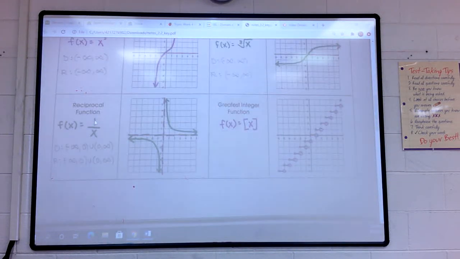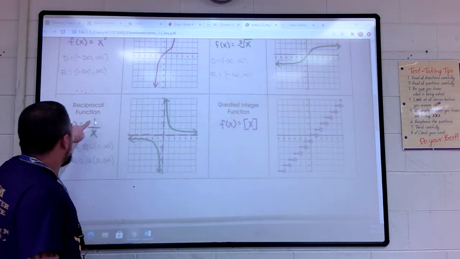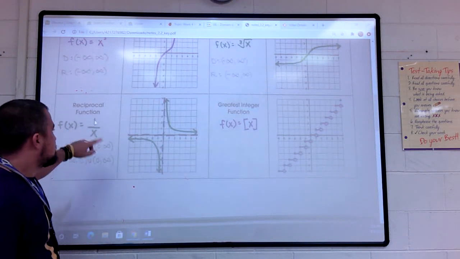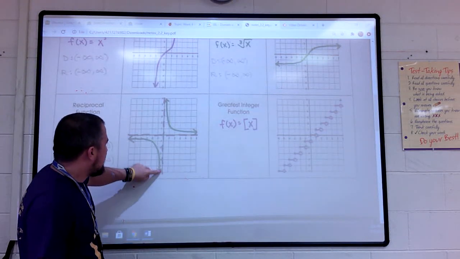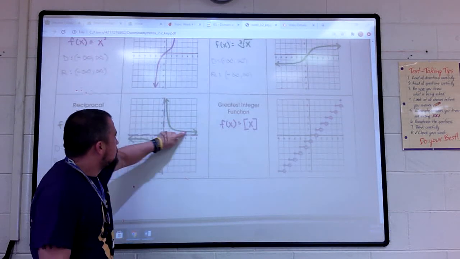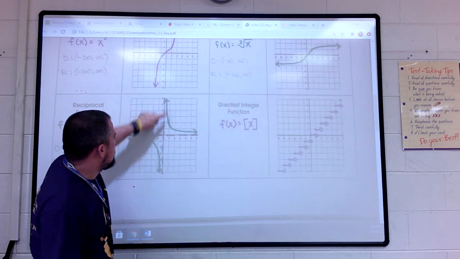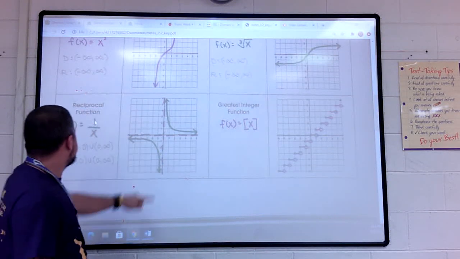And finally, the last two. A reciprocal function is 1 over x. So y equals 1 over x. It has vertical and horizontal asymptotes, which means it approaches a number but doesn't actually get to that number.